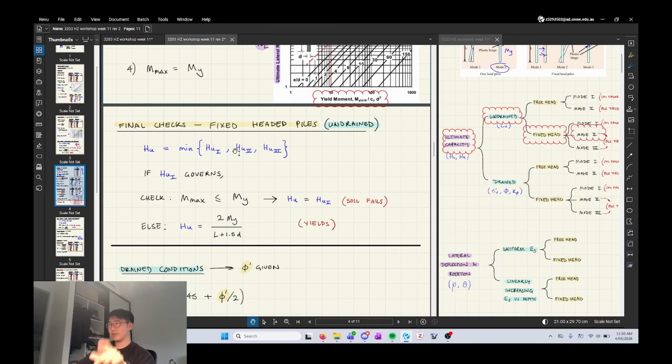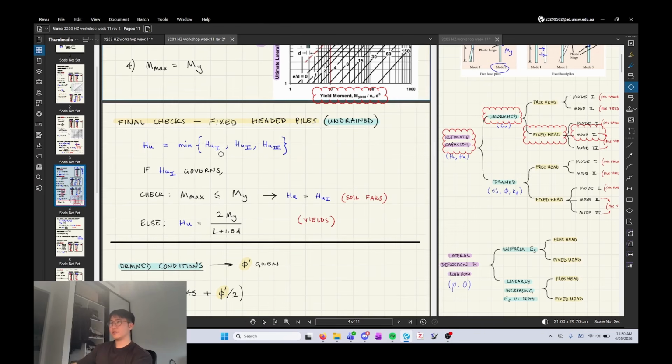Now we do the same thing again, except we have 3 failure modes, and this is for a fixed head pile. So again, for the first failure mode, that's where the soil fails, and then you have to check that the maximum moment along the pile versus its length doesn't exceed the moment that causes the pile to yield.